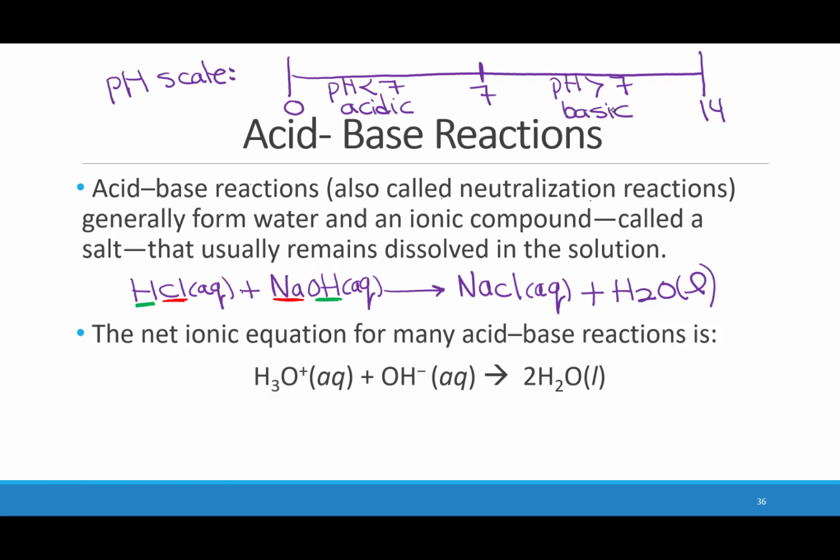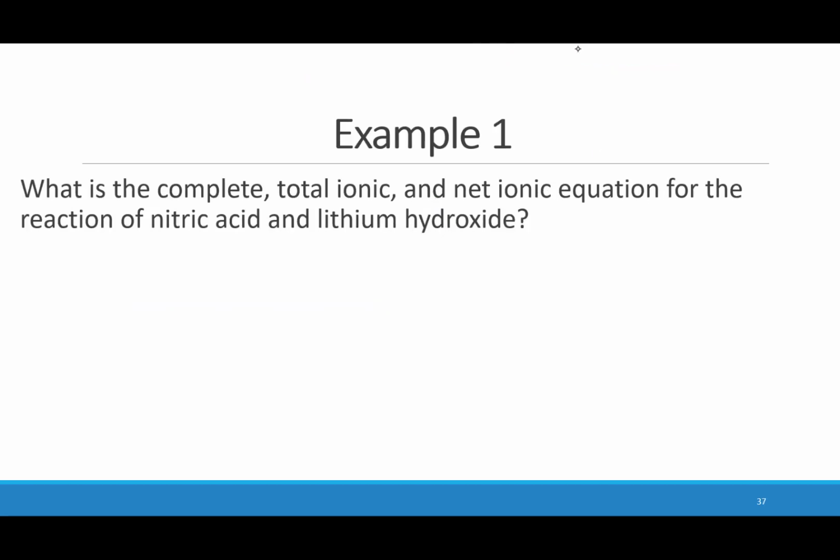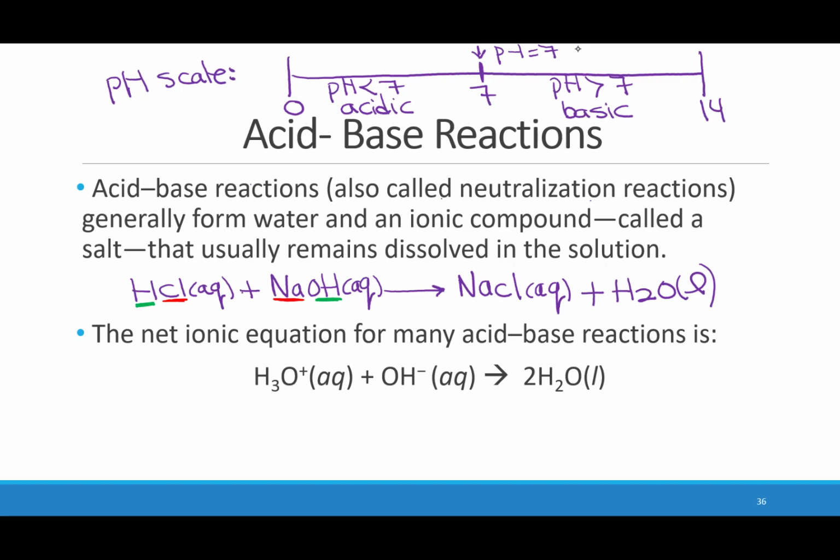And if it's exactly at 7, it's neutral. That's why when a strong acid reacts with a strong base, the pH of your environment is at 7. Okay, 7 is a neutral pH.